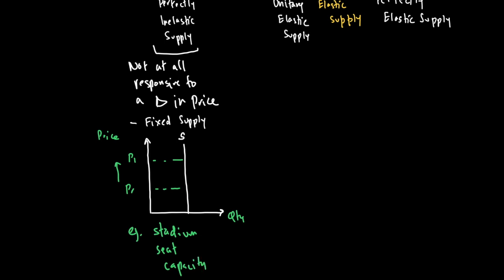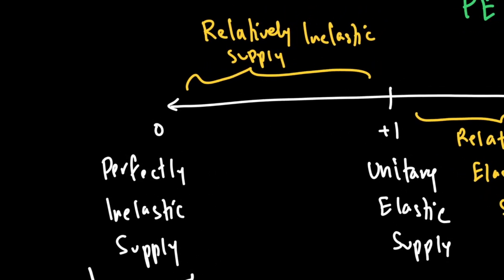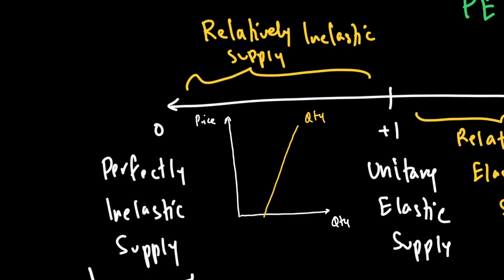Similarly, let's focus on the relatively inelastic supply curve, where the response is not that much. If it's a linear supply curve and it's inelastic, it will always come from the quantity axis. So I'm going to make a linear supply curve that comes from the quantity axis.